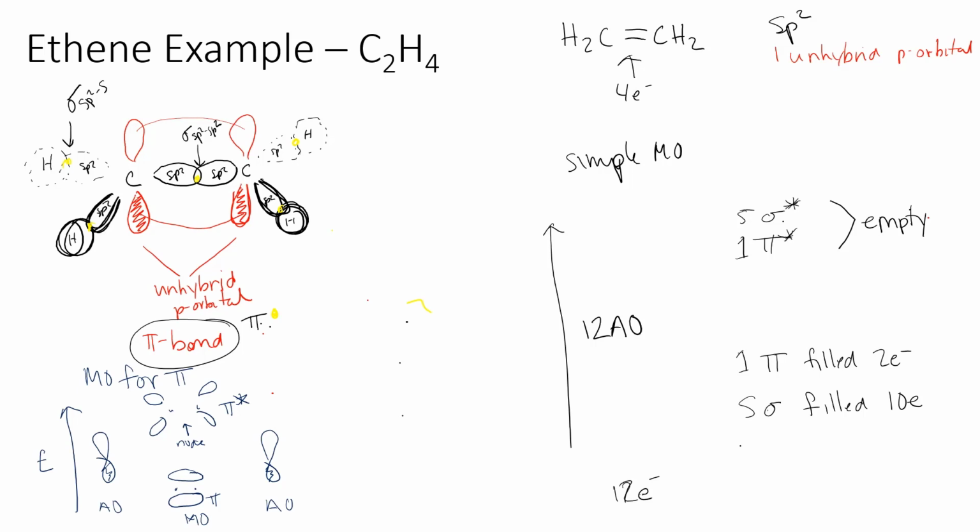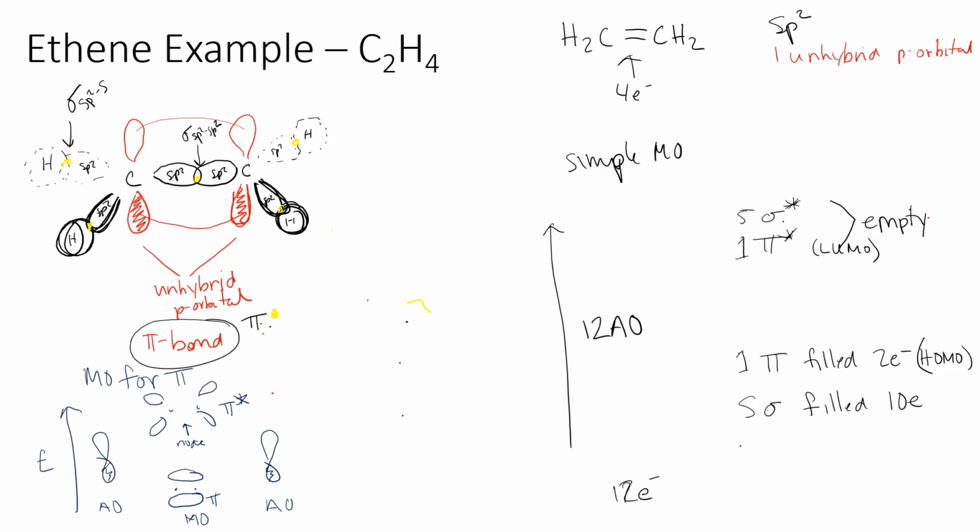So when we get ready to define our HOMO and our LUMO, the pi bonding is going to be our HOMO. It is the highest occupied molecular orbital. The pi anti-bonding is going to be our LUMO. It is the lowest unoccupied molecular orbital.